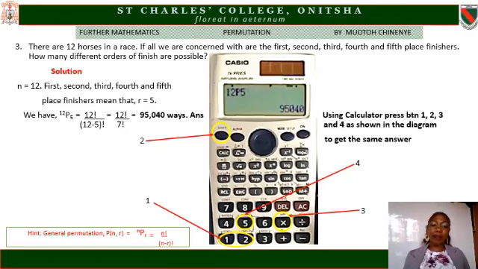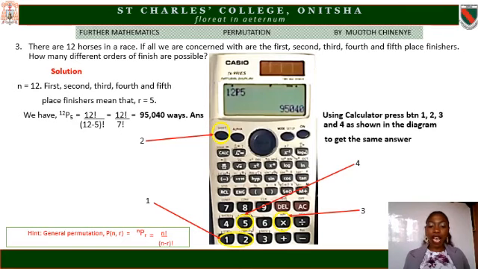Then when we apply the permutation formula, which is seen at the foot of the screen, we have 12 permutation 5. When you simplify, you are going to have 95,040 ways.